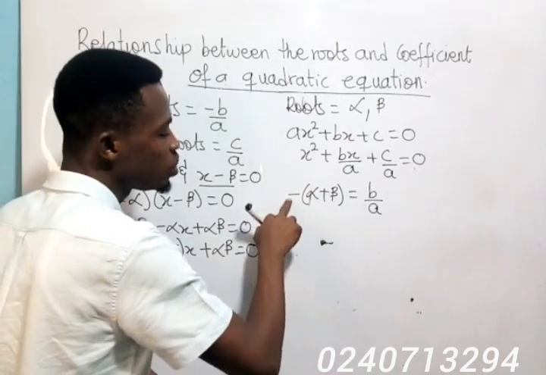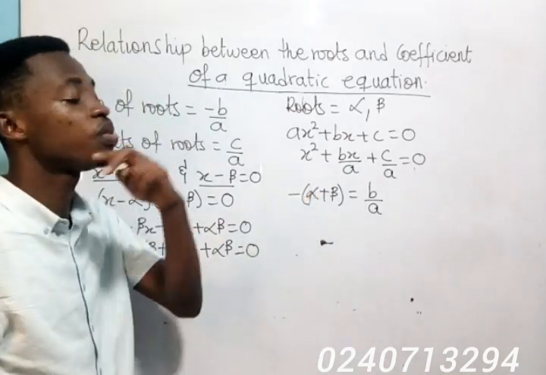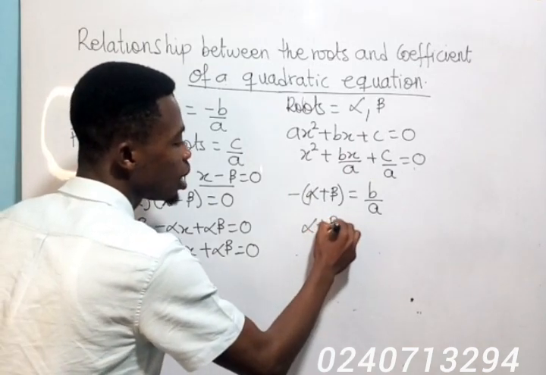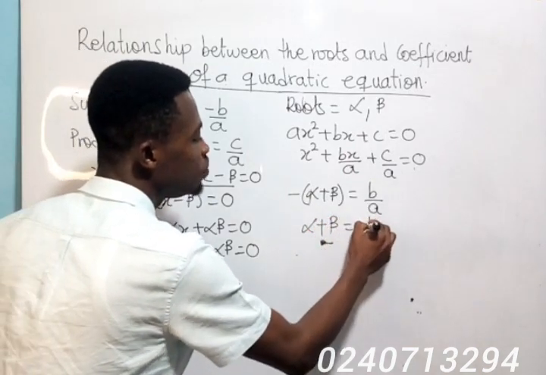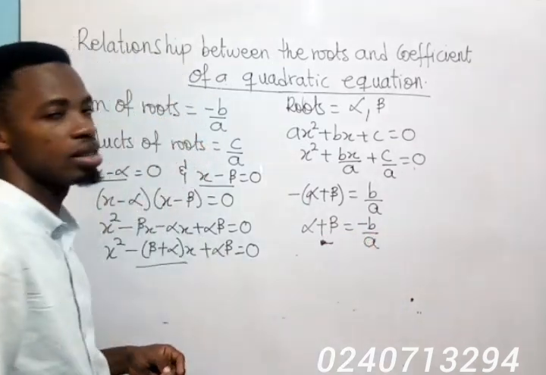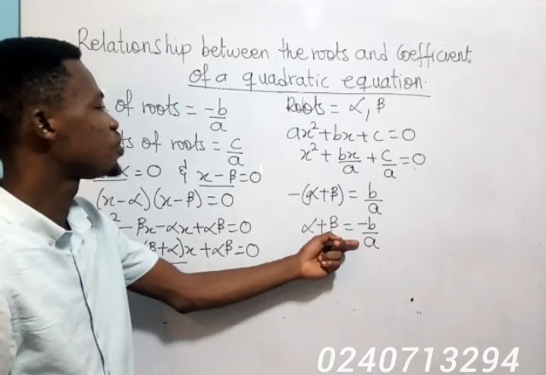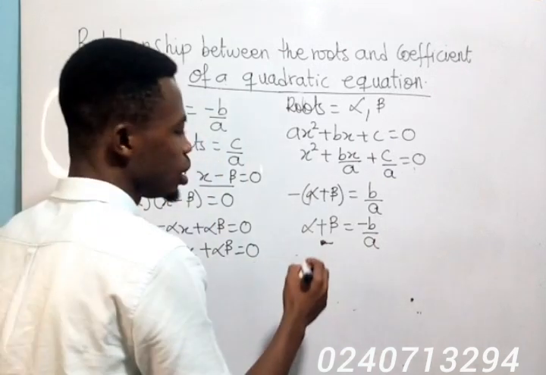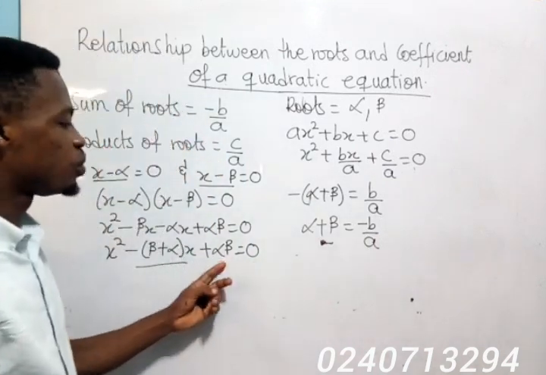Now, to take away the negative, we can multiply through by negative 1, where we obtain plus alpha beta is equal to negative b on a, which means that for the sum of roots, it is the negative b on a.